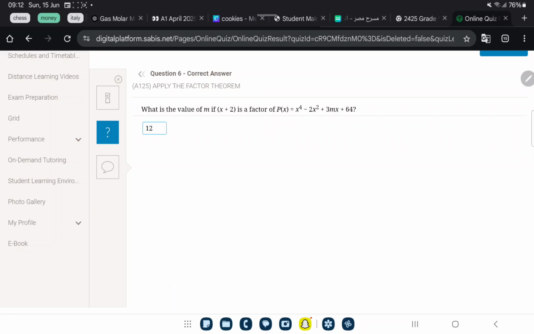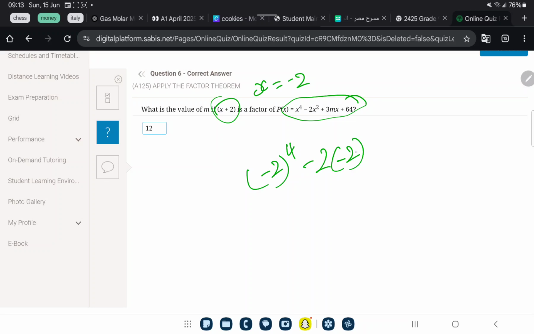What is the value of m if x plus 2 is a factor of x to the power of 4 minus 2x squared plus 3mx plus 64? So here x plus 2 is a factor, so x equals minus 2. So when you put minus 2 into this equation, it's supposed to equal 0, so minus 2 to the power of 4 minus 2 times minus 2 squared plus 3m times minus 2 plus 64 equals 0.